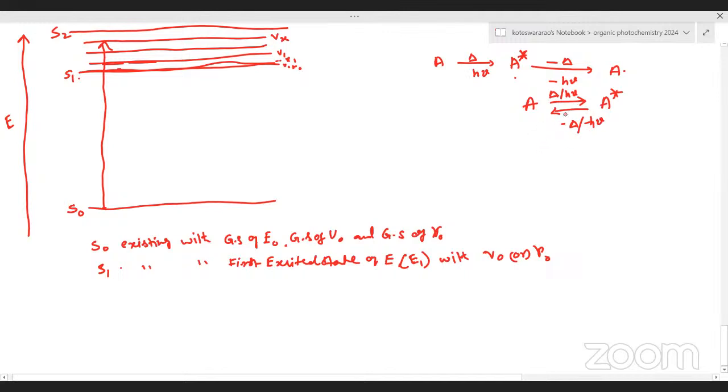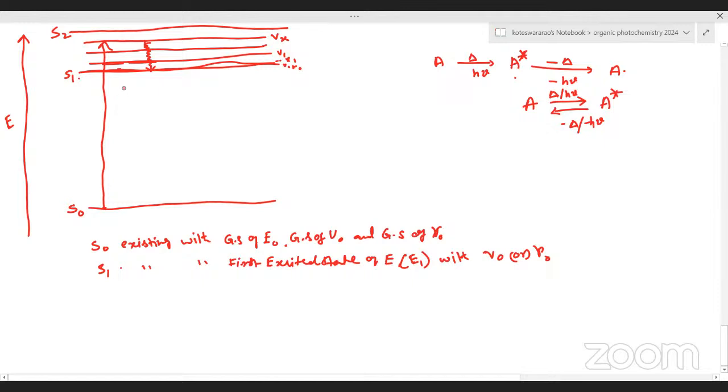During this deactivation, the molecule may reach several states, and the deactivation is of several types. What are the several types? Suppose, as we see here, some vibrational level of the S1 state is reached. From this vibrational level it is deactivated to V naught of S1. This will be indicated with a wavy arrow.